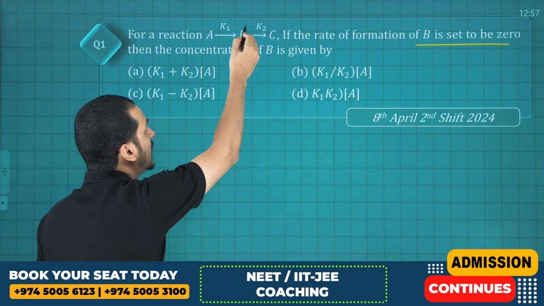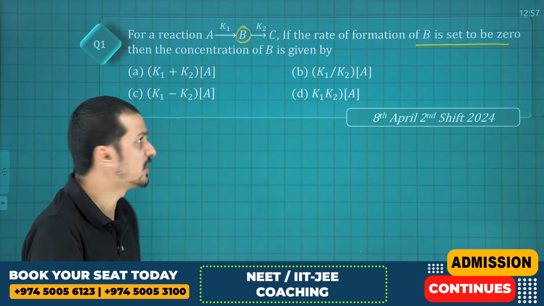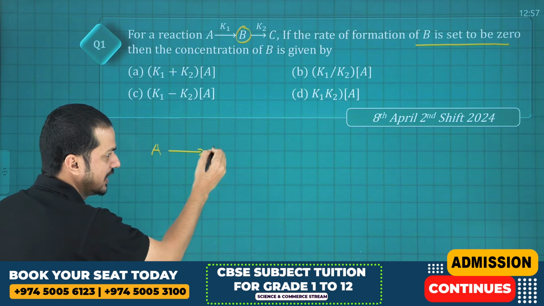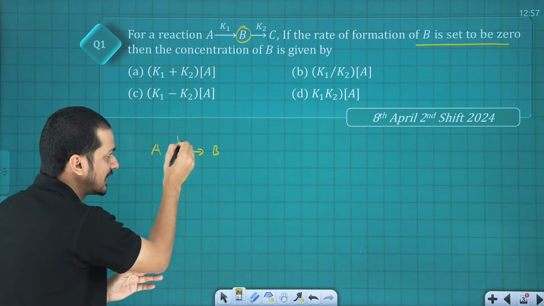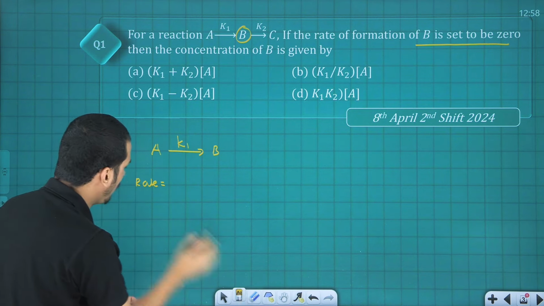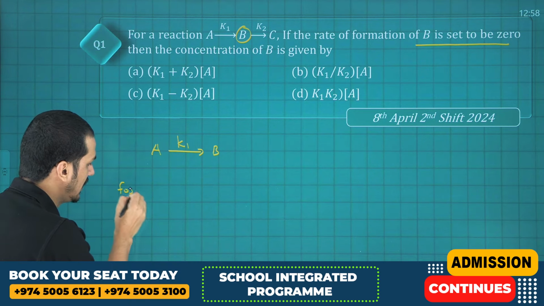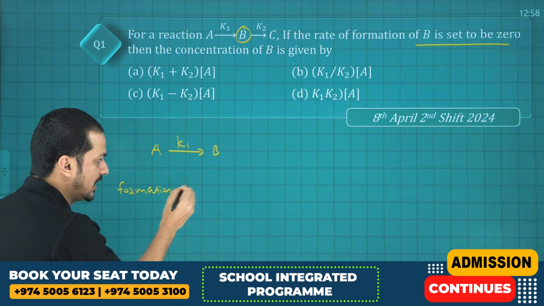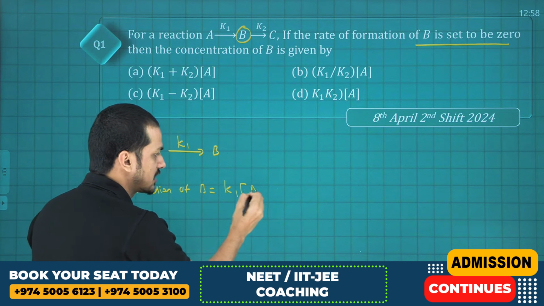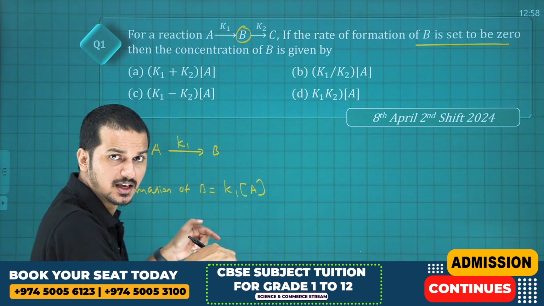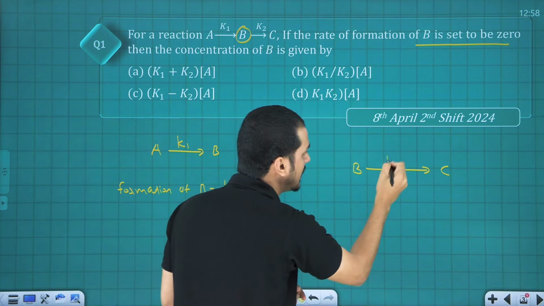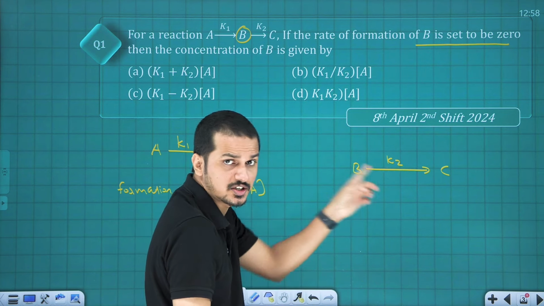We know that B is forming because of the reaction of A. A gives B with rate constant K1. So I can write the rate law: rate of formation of B is equal to K1 into concentration of A. And that B is again consumed, becoming C, with rate constant K2.